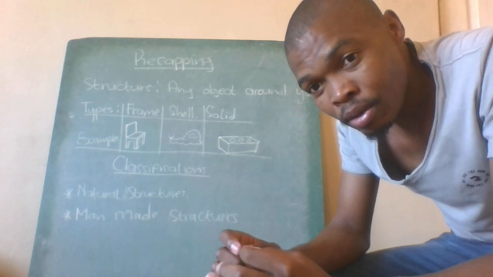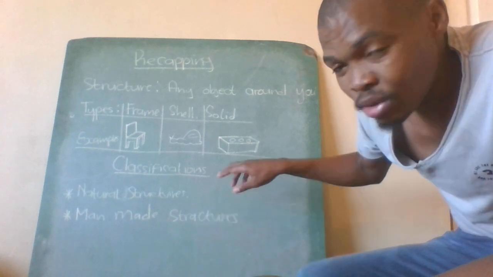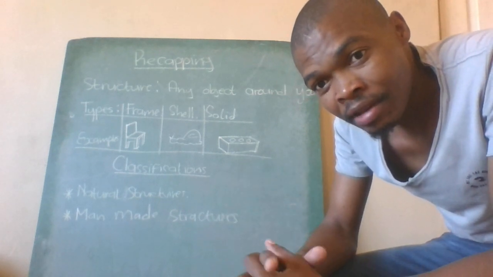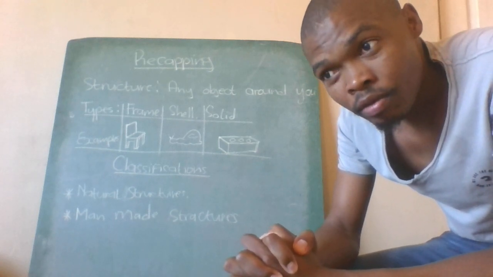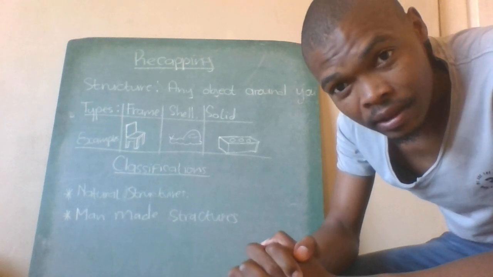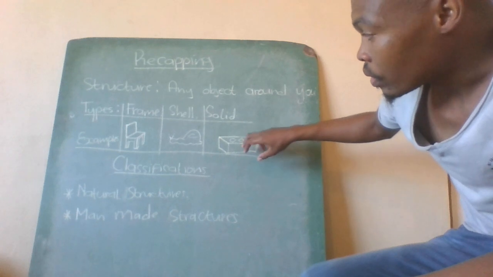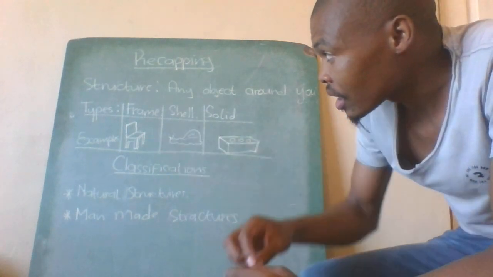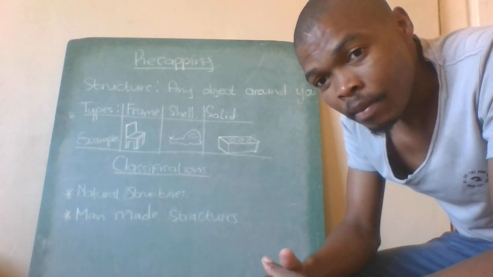And if we look in those matters in terms of particles, you will appreciate that the particles of the solid structure are very tightly packed without any ability to move, which gives the ability of a structure to be strong and rigid. So solid structures are also used to build frame structures because the frame structures must be strong.